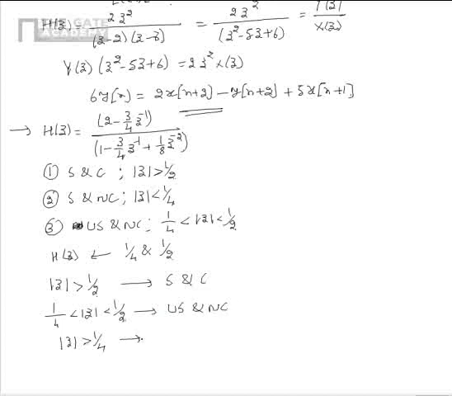In case of third ROC, the system is anti-causal, non-causal, and unstable. From this, we see that statement 1 is correct, statement 2 is not correct, and statement 3 is correct. So, for the given system function, statements 1 and 3 are correct.